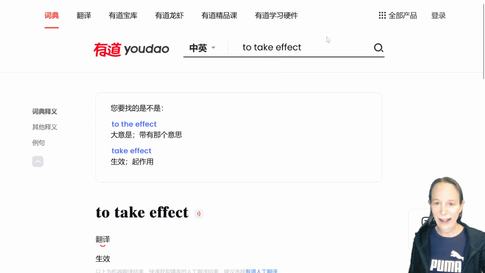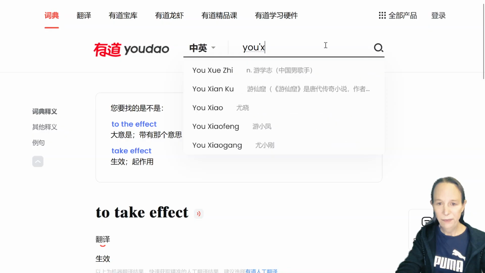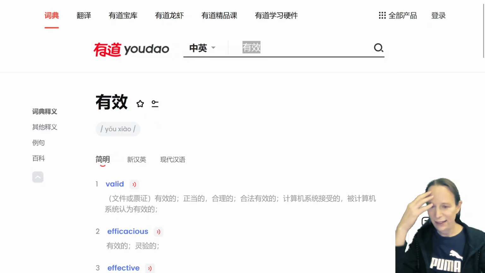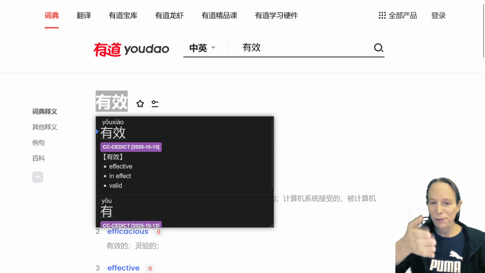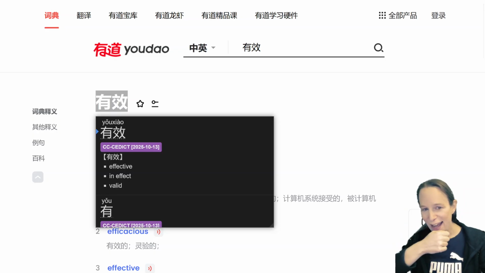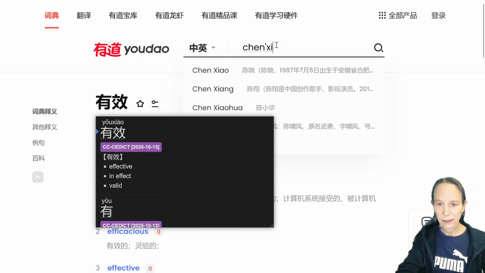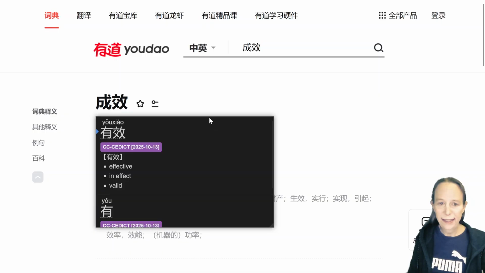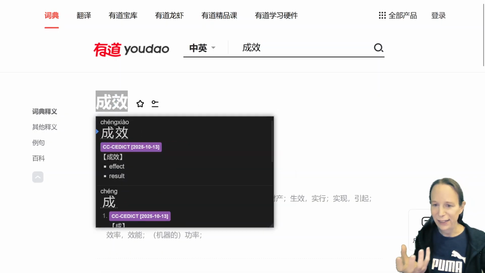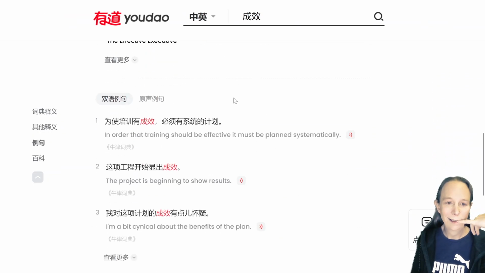Then there is 有效. This is to be in effect, currently in effect. So what is 成效? Maybe 成效 is just a 2-character version of 效. 有成效. All right.